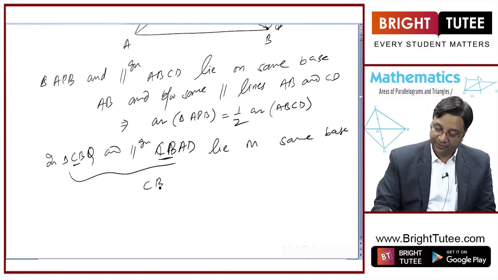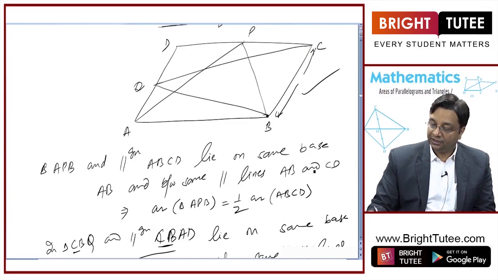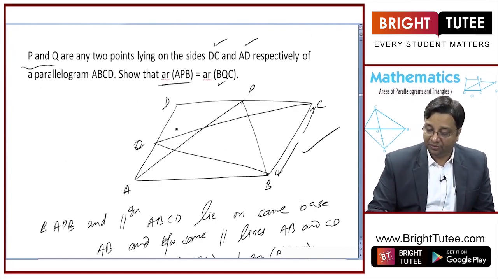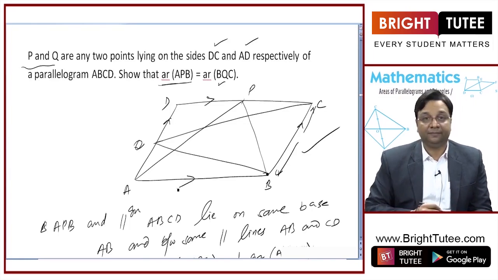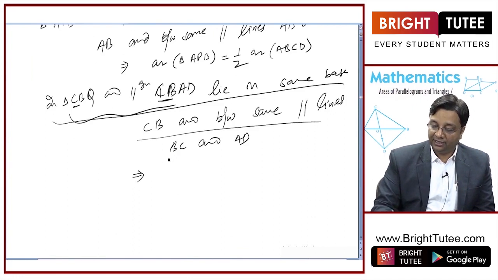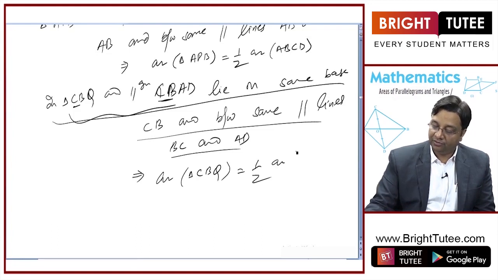CB, and between same parallel lines BC and AD, right, because we already know that this is a parallelogram. So, this line is parallel to this line is parallel to this line, okay. Hence, because of this I can say area of triangle CBQ is half of area of parallelogram CBAD.